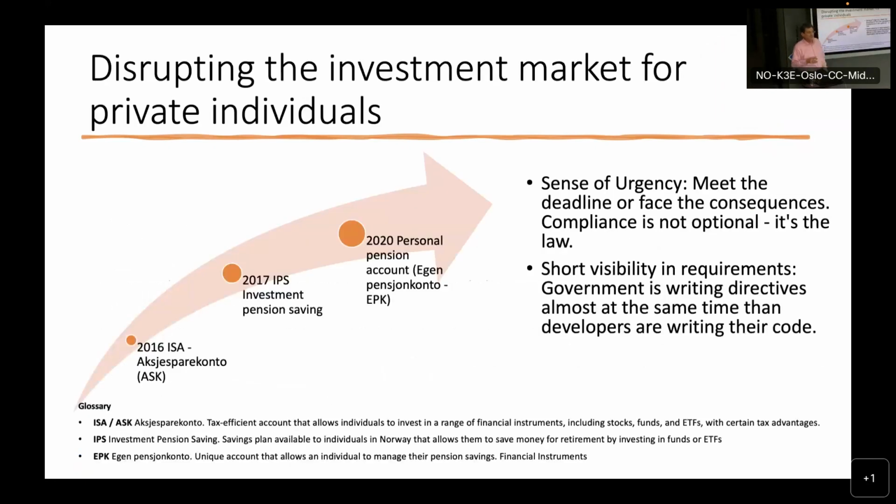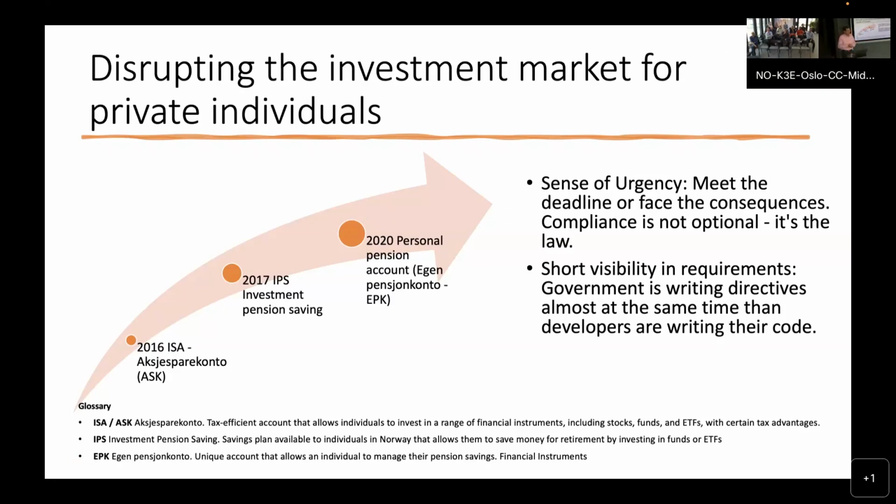So what happened? For people who don't know, you will get a lot of words on investment in finance, a lot of acronyms. In 2016, the Norwegian government made the decision to disrupt the investment in Norway. It was quite funny. The government made the decision to say people must use the money in a different way. They started with what is in Norwegian called aksjesparekonto, ASK in English.